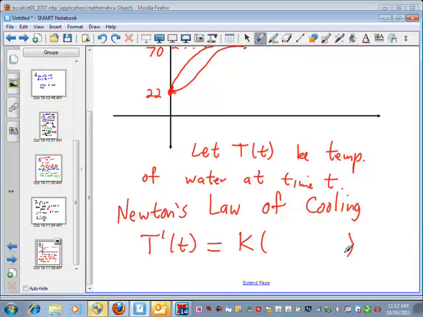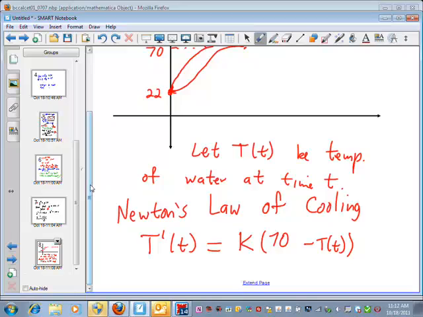That's absolutely right. The temperature in the room minus the temperature at the time. That's really good. Does that make sense?